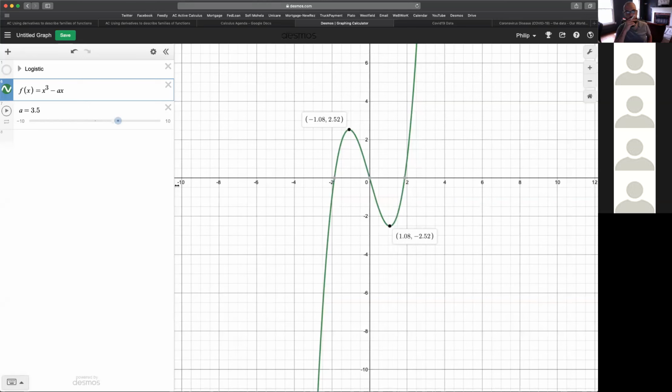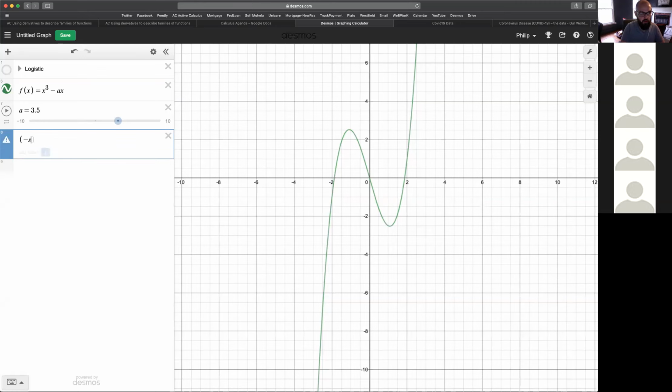Okay, so we've got our graph here, and we want to find some values on our graph, right? Negative square root of a over 3, we want to check this value. So this is going to be our input, and then we're going to check the output.